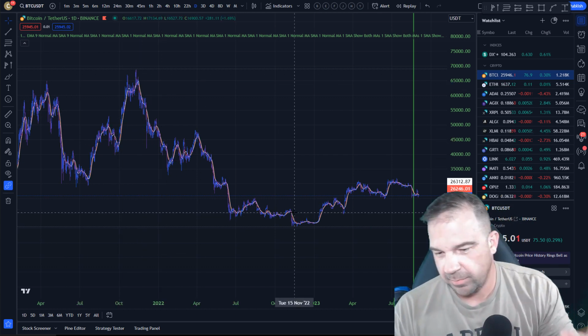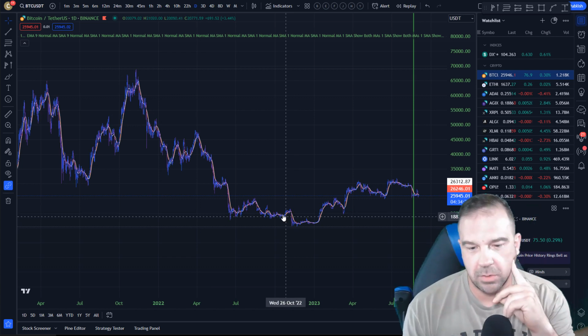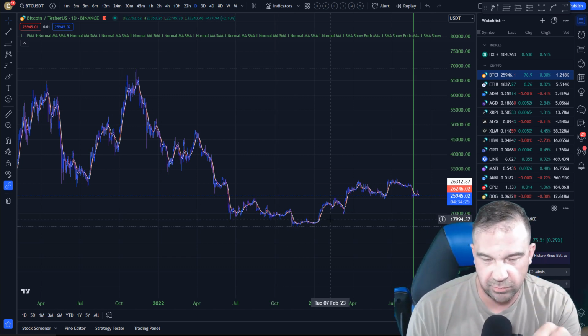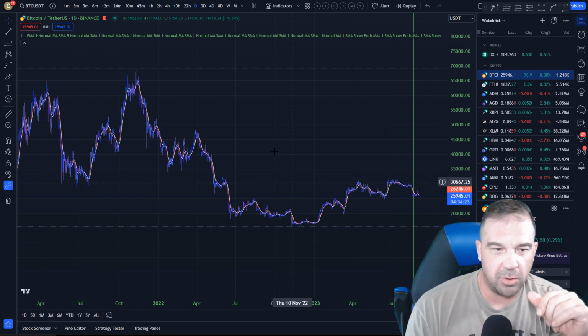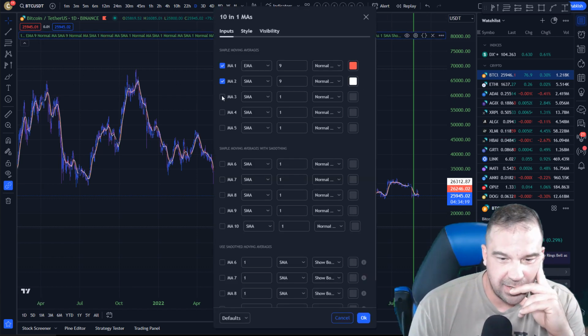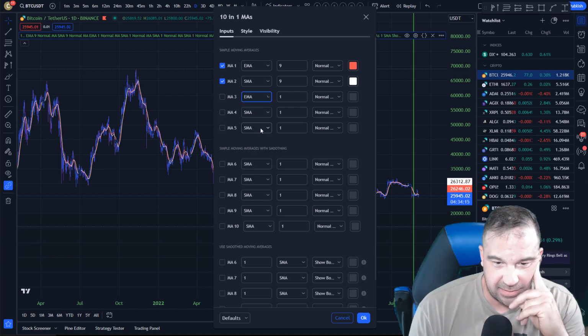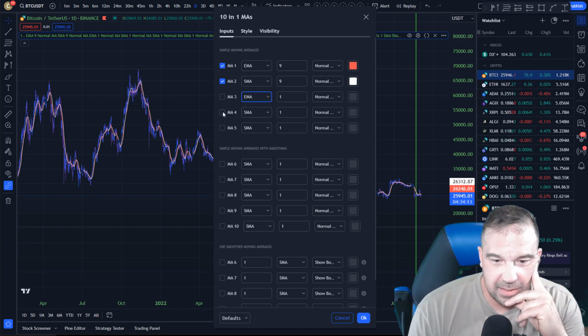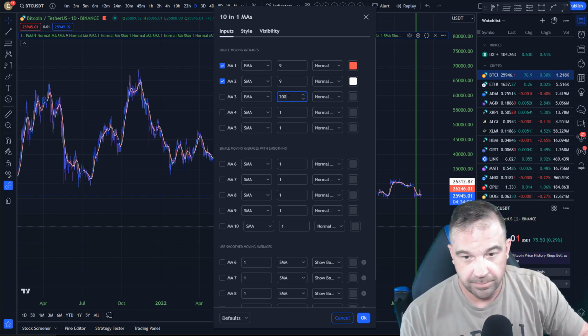So what information is that giving us? It's not giving us a whole lot on the daily unless you really zoom in and you're looking at small moves. But if we want to come over here and add another exponential moving average, we want to make this one 200.